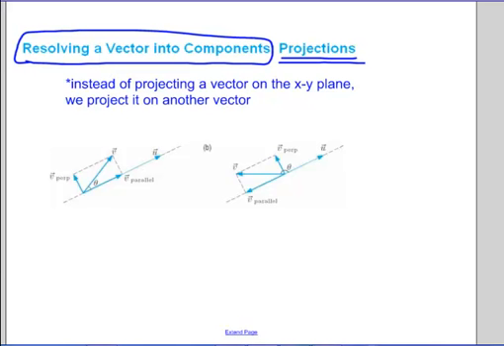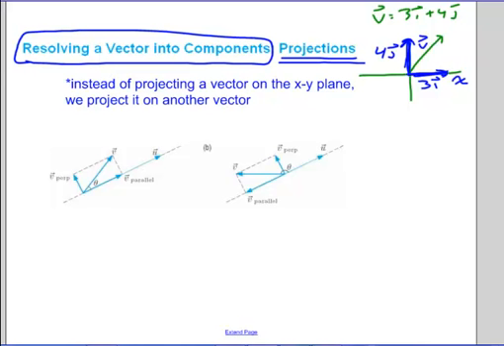In the past, we've imagined some vector v, which is 3i plus 4j, and it's some vector that looks like this. We could think about this as being 3 in the i direction plus 4 in the j direction. And what we've done is we've projected our vector v onto the x-axis here and onto the y-axis right there.